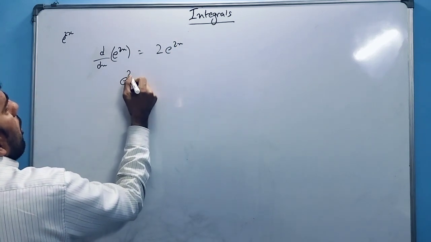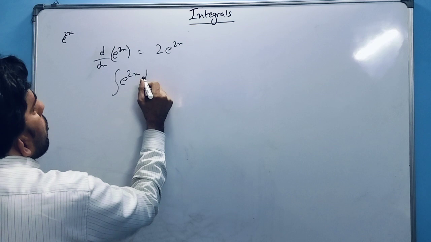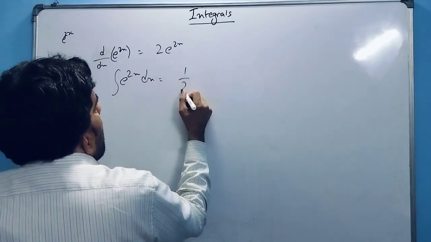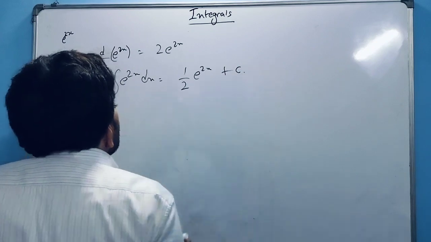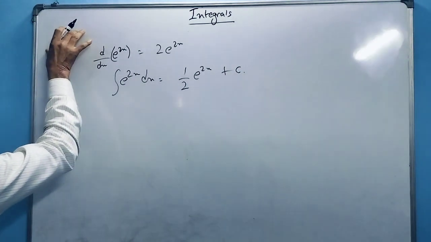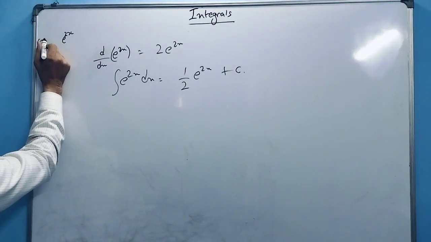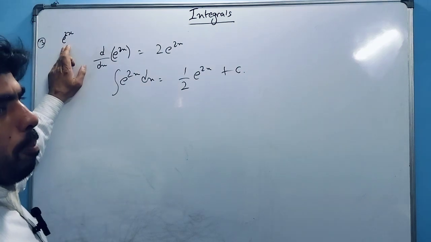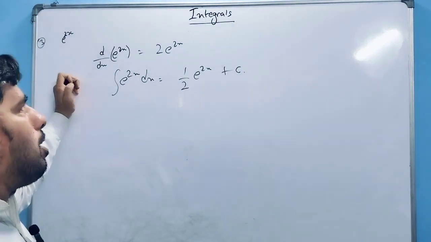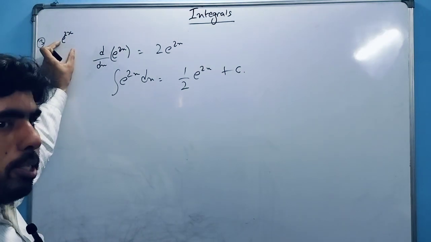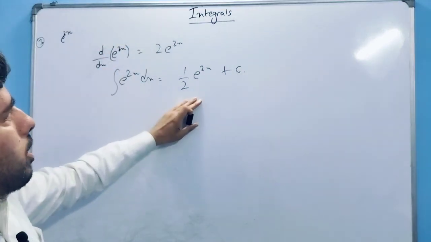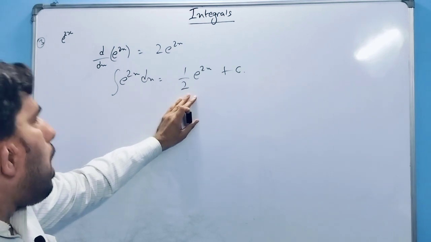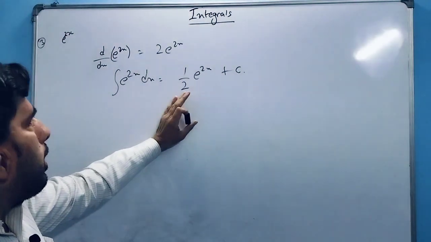So now the integral of e to the power 2x will be half of e to the power 2x plus c. By differentiating I got this, so this is how we find the integral.